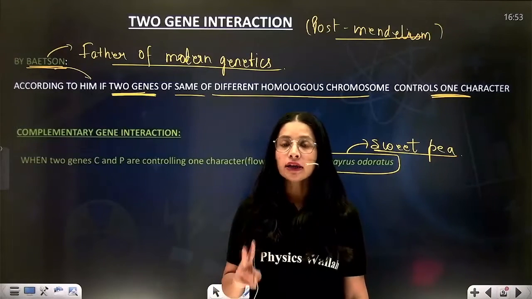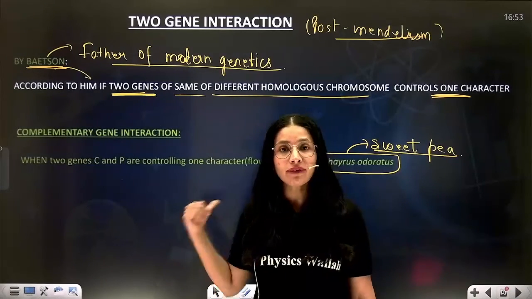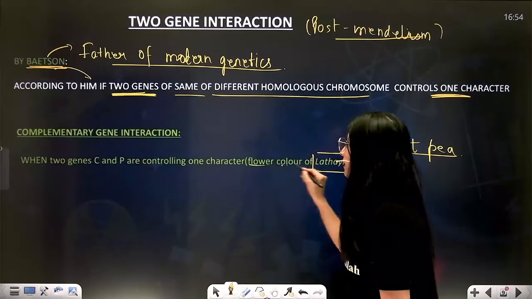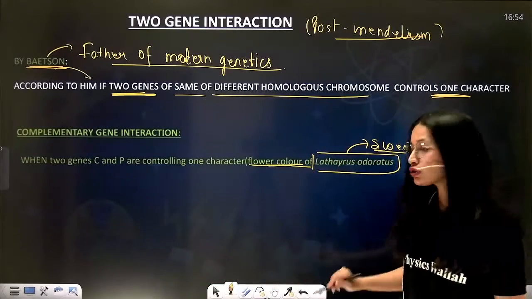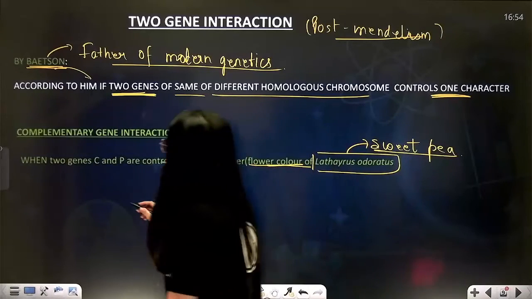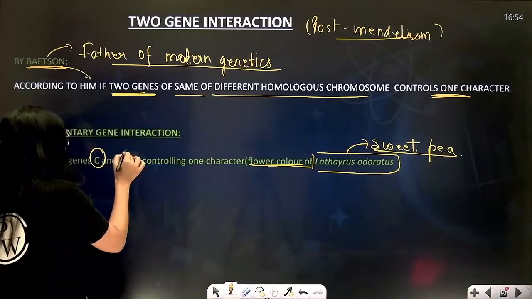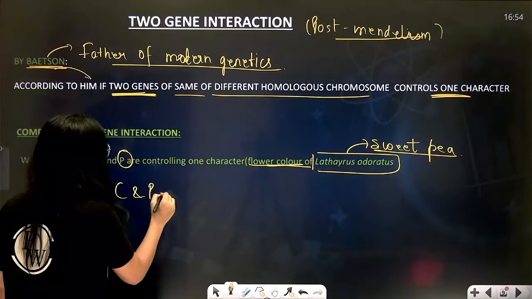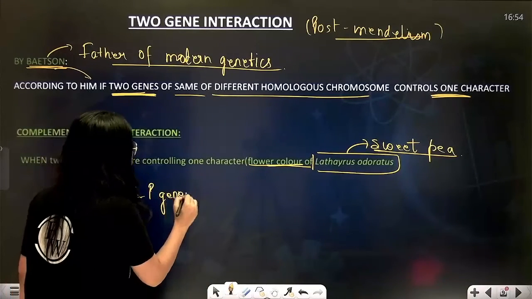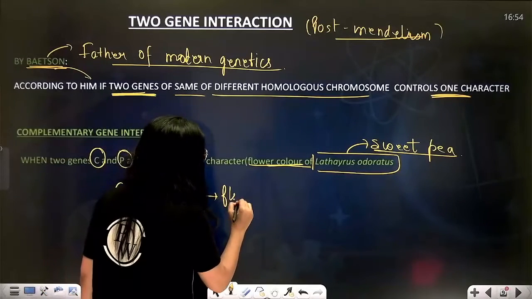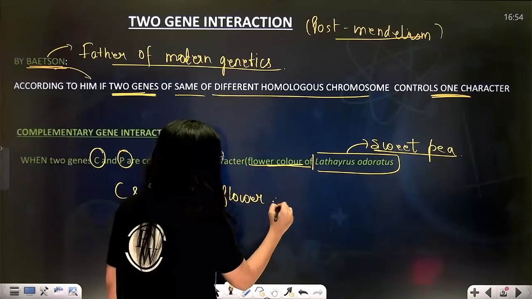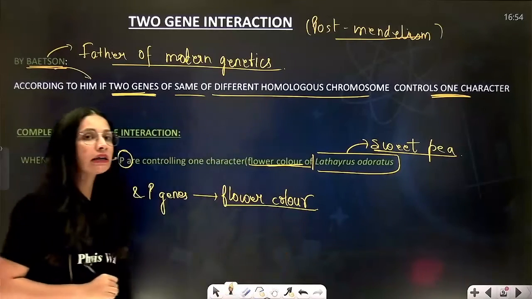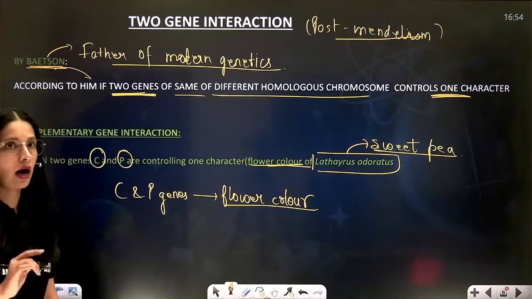Clear? So what are the two genes which are influencing one character in Lathyrus odoratus? That is flower color. And what are those two genes? Those two genes are C and P. C and P genes are controlling one character, which is flower color. Now see how.